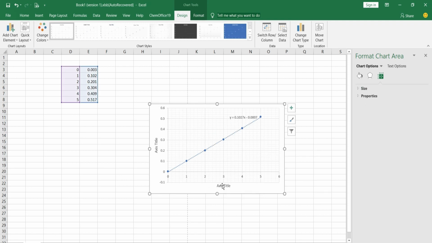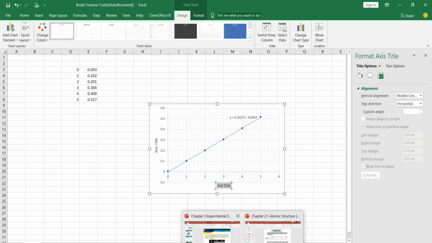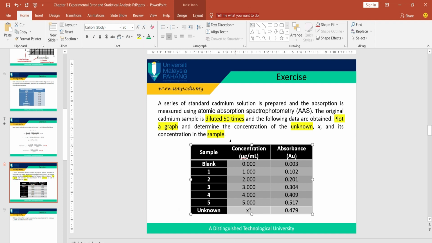Remember that you need to have axis titles. On the x-axis, you can get the information here: it is concentration in microgram per mL. So don't forget to write the title together with the unit. And on the y-axis, it is absorbance in absorbance units.